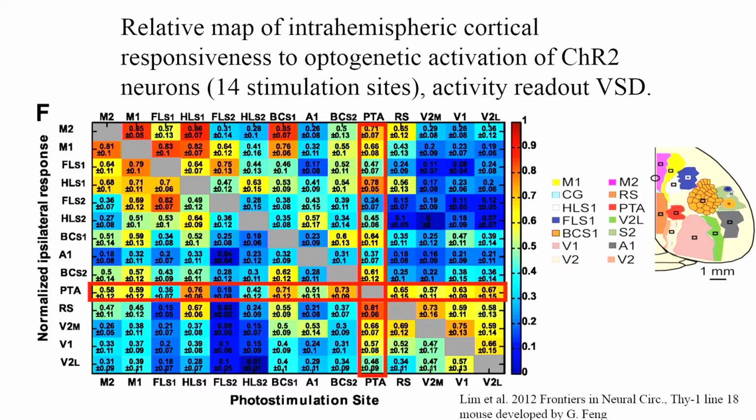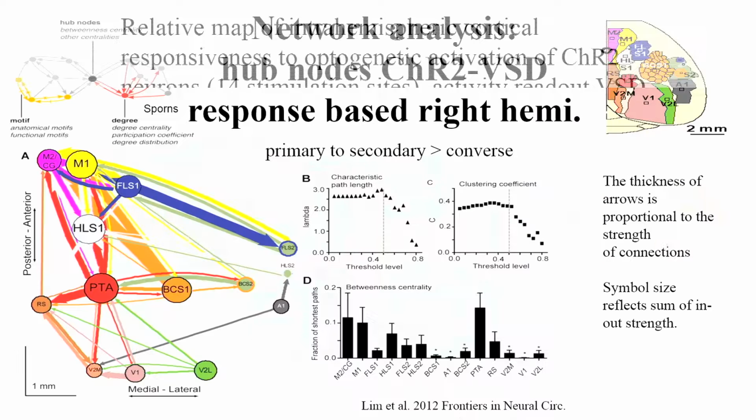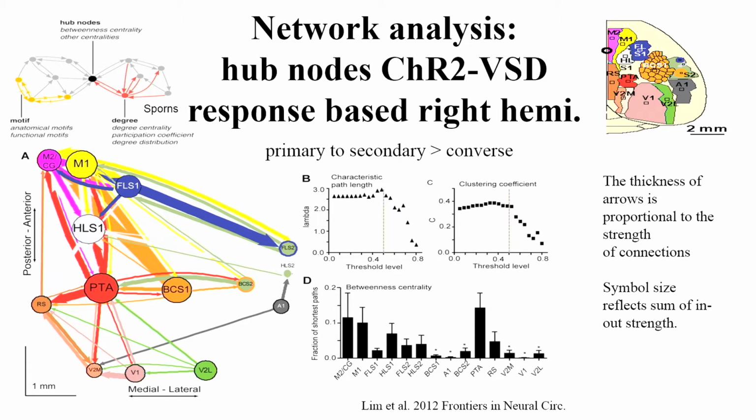So I'll skip ahead here so we can photostimulate a number of different regions of interest. These are visual areas, motor sensory areas. You can even see some areas that are hubs, parietal association area. You stimulate it, almost everything responds. So the ultimate goal is to make something like this, a connection map. So we've got regions of interest here in the cortex, parietal association area, hind limb, motor cortex.